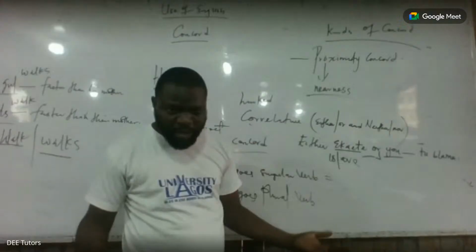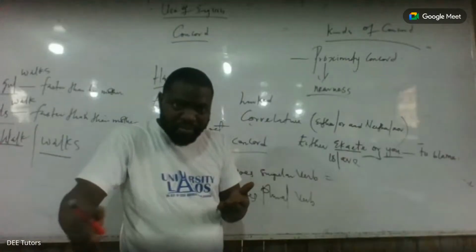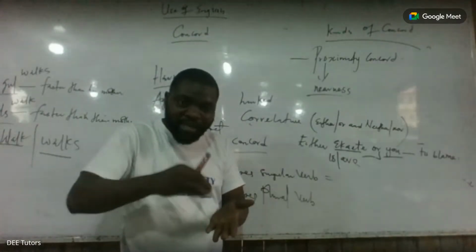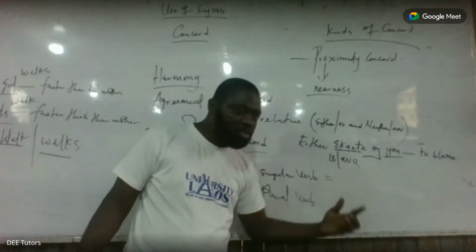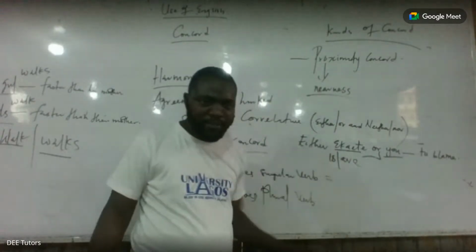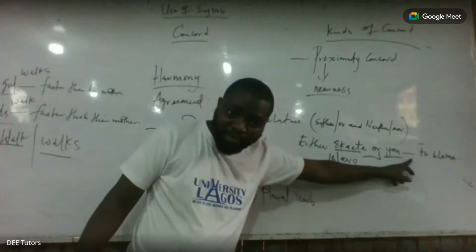So if we are to go by the proximity concord, proximity means nearness. The subject that is nearest to the verb will be the one to determine the type of verb to use. Between Ekaete and you, which one is nearer to the verb space? You. So the you will be the one to determine the verb to be used.